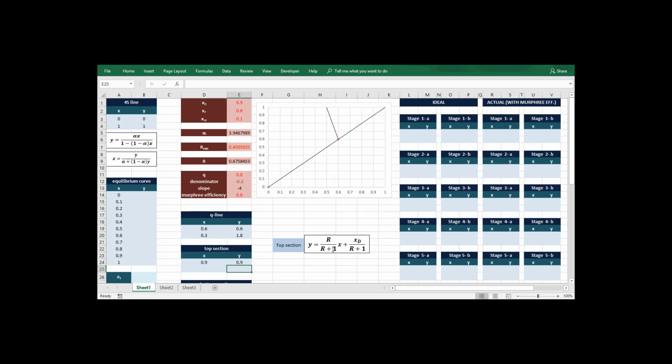For the second value of X and Y, I will make use of the formula for the top section, which is Y equals R all over R plus 1 times X plus XD all over R plus 1. I will first assume that the value of X is 0, and then substitute it into the formula to get Y.